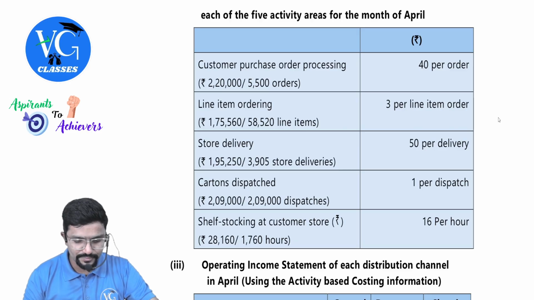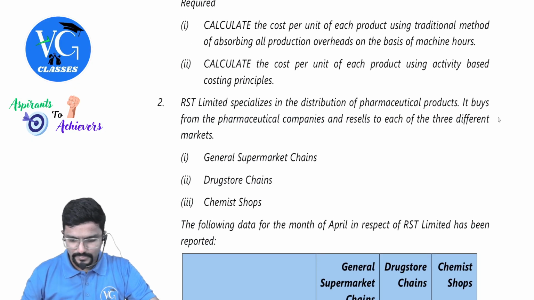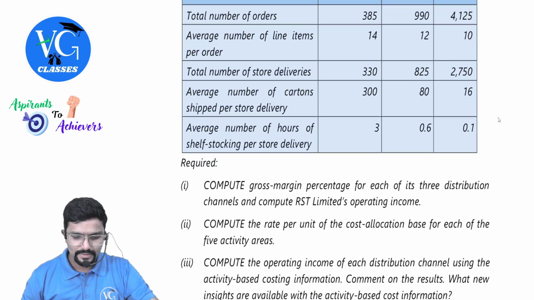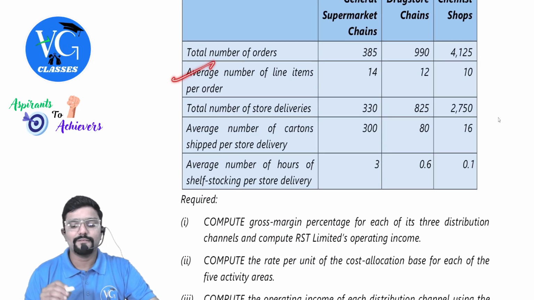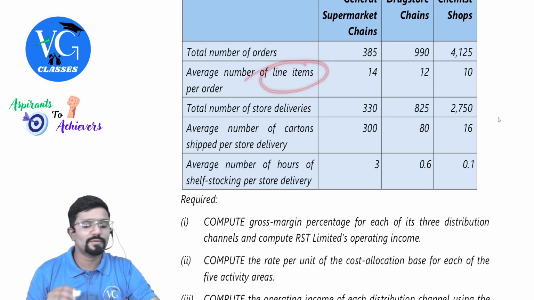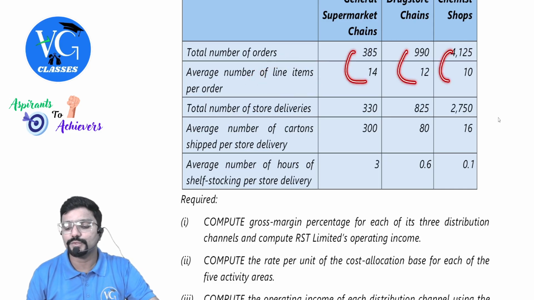One second, let me show. Average number of line items per order. If I want to calculate the total number of line items, what should I do? Multiply these two.